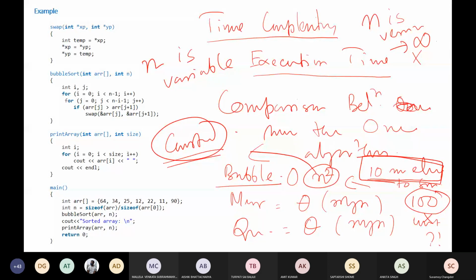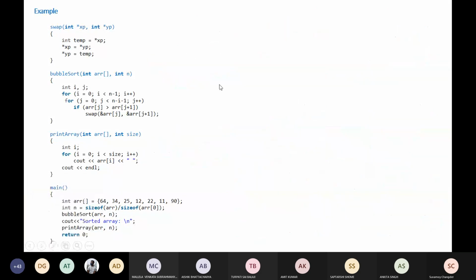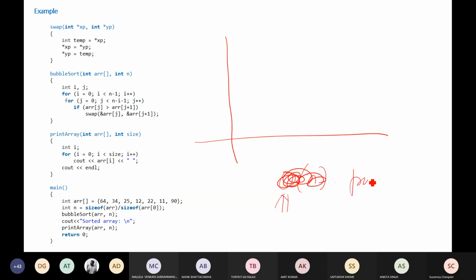Now think about this. Let us say you are following an algorithm which is order of n. Forget about this O and what is written. Let us consider this is a polynomial, not O. Let a polynomial of n. So if we plot the polynomial n, what will we get?